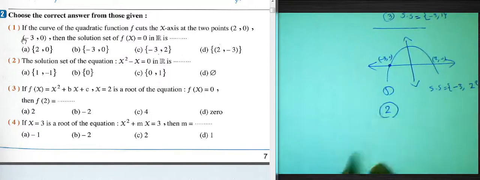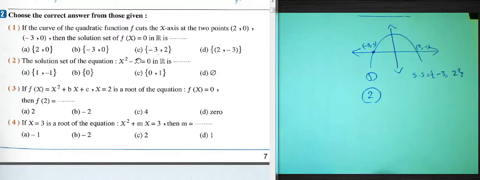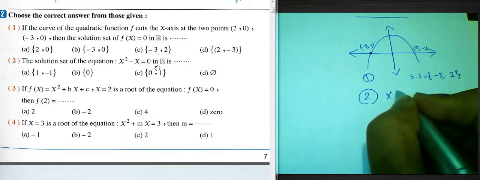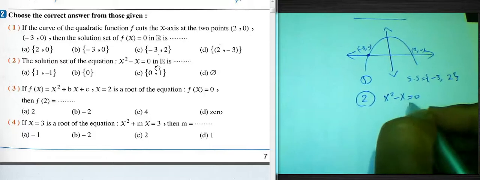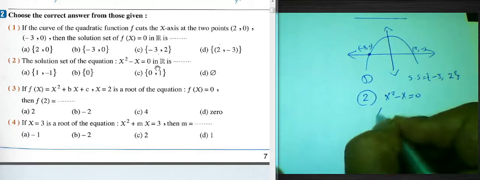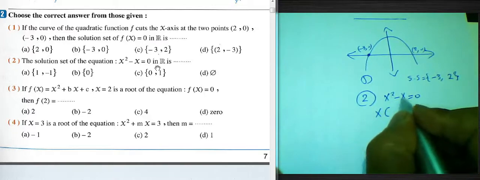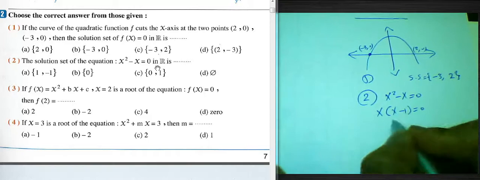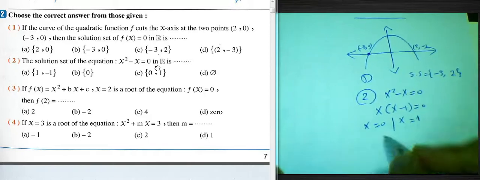Number 2, the solution set of the equation x power 2 subtract x equals 0 in R. We can use factorization. x power 2 subtract x equals 0. Taking the highest common factor, x(x - 1) equals 0. So x will be 0 or x equals 1.